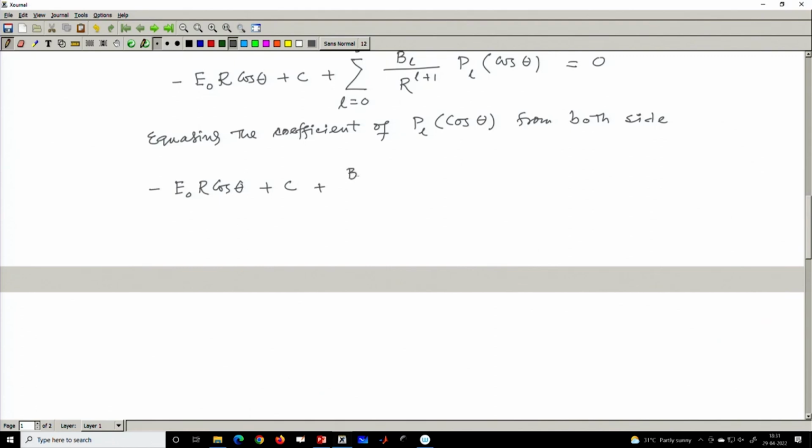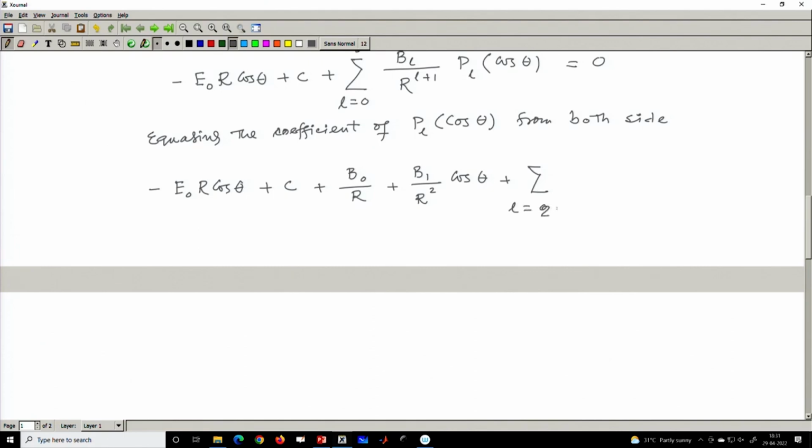So, I have B 0 divided by r, that is the L equal to 0 term, because P 0 is 1, then I have plus B 1 divided by r square, and then cos theta, because P 1 is cos theta, and then rest of the term I should put as usual.